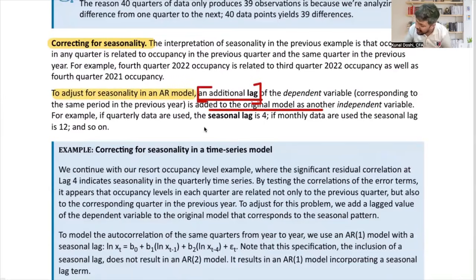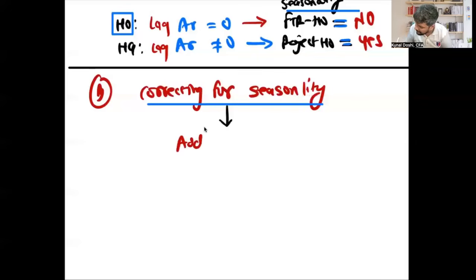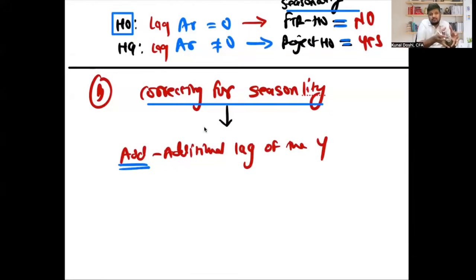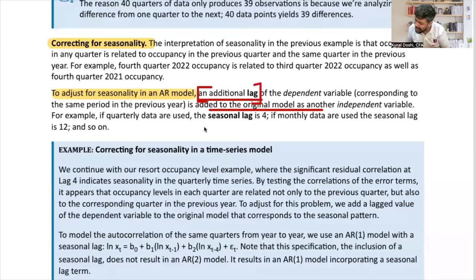So how do we correct it? We add an additional lag, we add an extra lag of the dependent variable, of the y. It means if you already had y dependent on Q1, now we add Q4 also, which is called a seasonal lag. Everyone, see here, that seasonal lag is lag 4, which is called the seasonal lag.